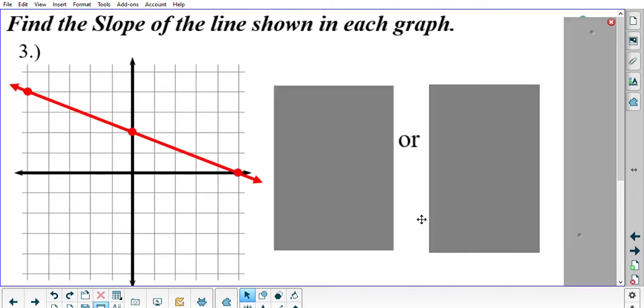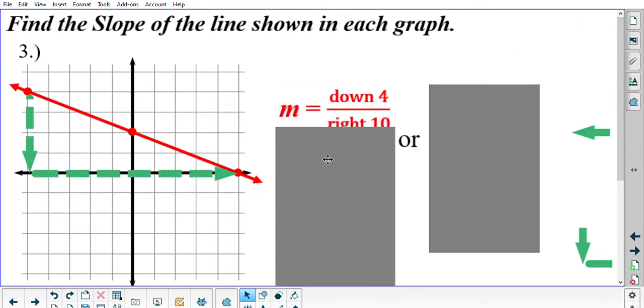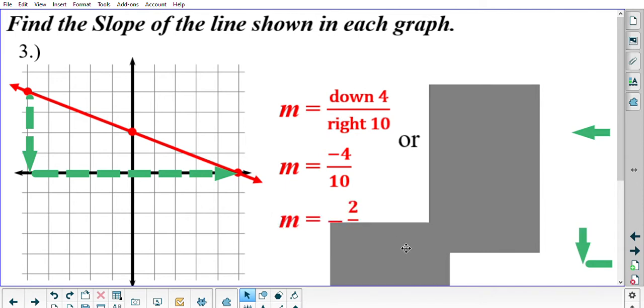All right, problem number 3. If you started at the point on the top left, you would go down 4, right 10. That would be a -4 over a +10. Both of those numbers are divisible by 2, and so this reduces to -2/5.